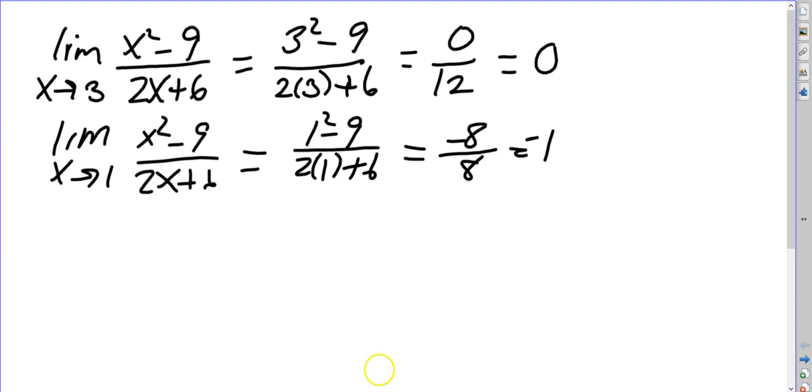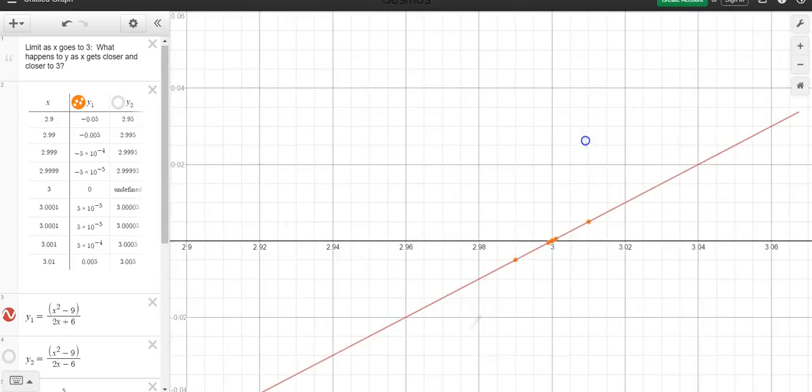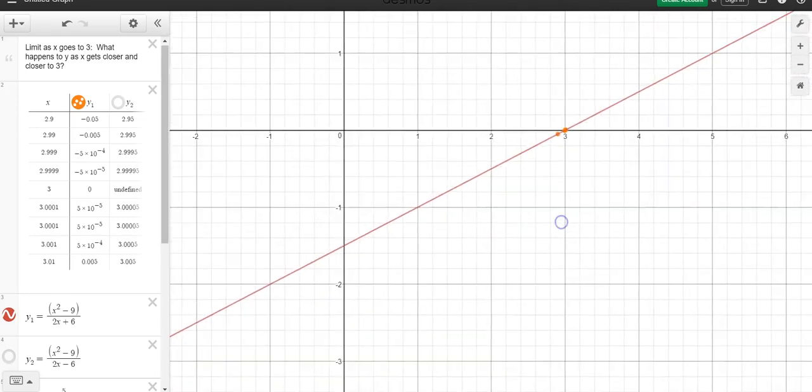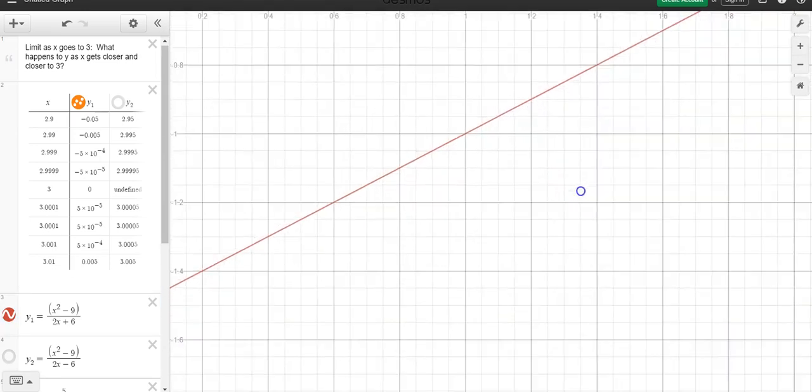So if I look at my graph here, let me zoom back out. Wow, we had zoomed in a lot. Notice when x is 1, y is negative 1. Now let me zoom in on this a little bit. If I pick a point really close to 1 in the x direction, notice that y is getting closer and closer to negative 1 when x is getting closer and closer to 1.